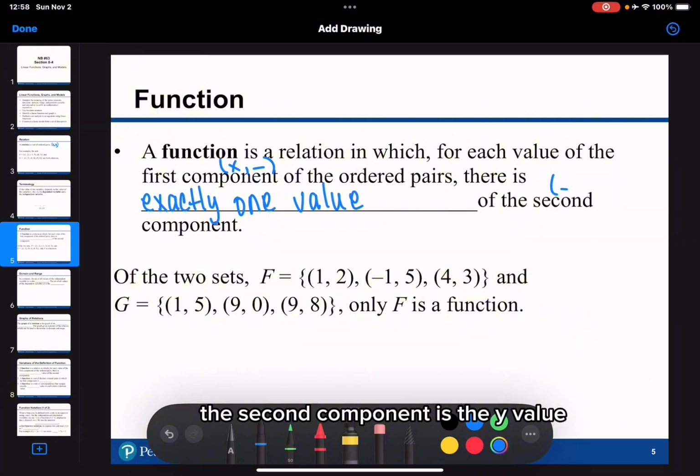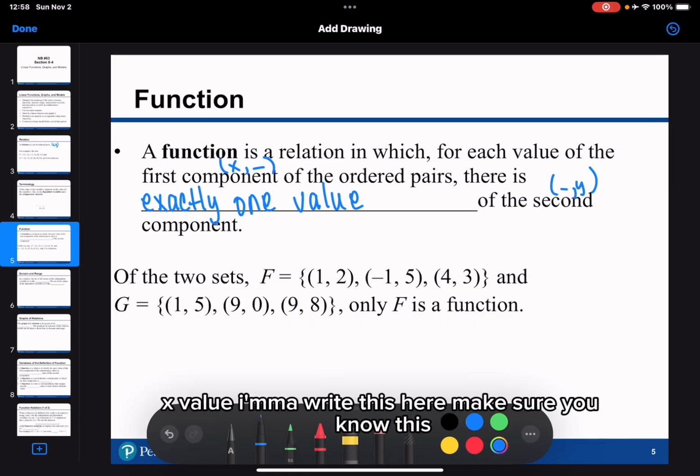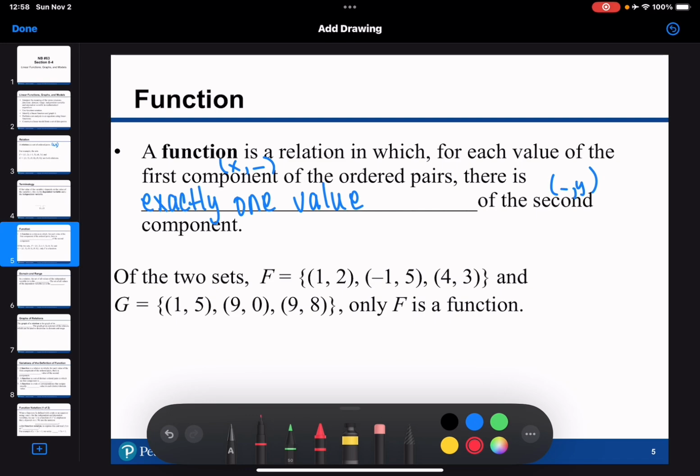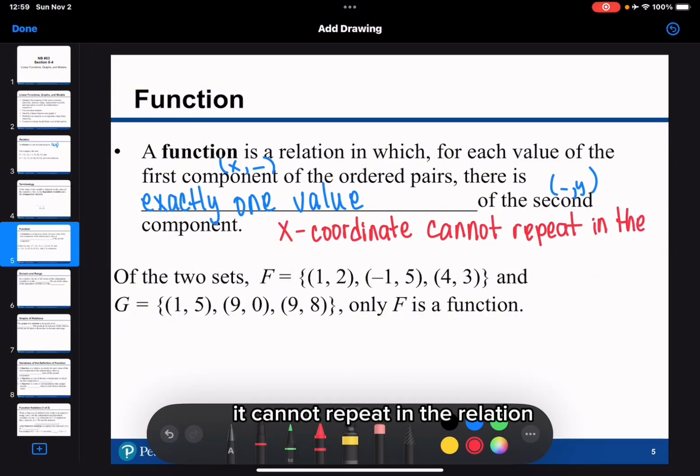The second component is the y value. Make sure you know this: in other words, the x coordinate cannot repeat in the relation.